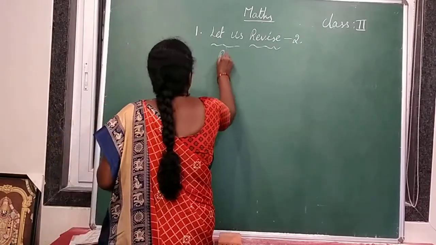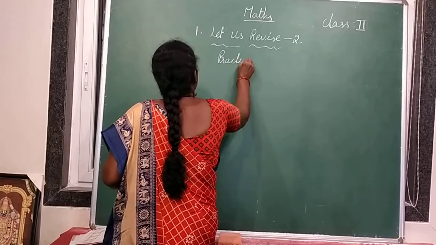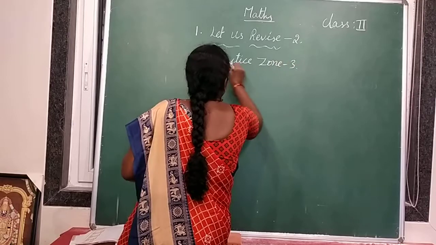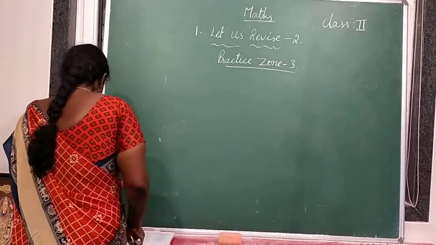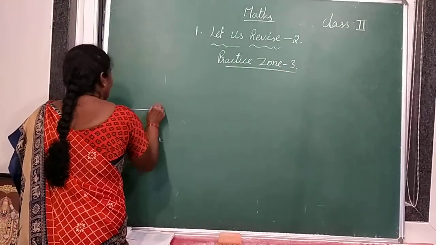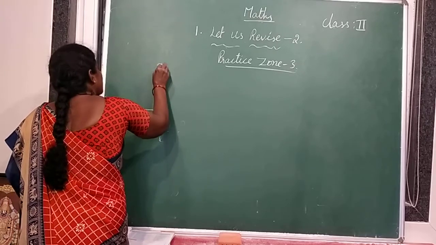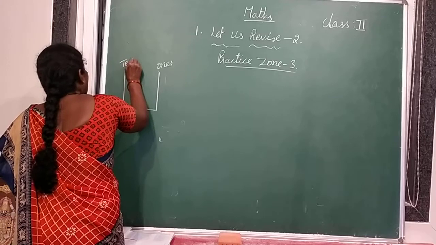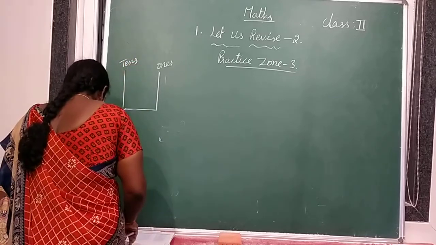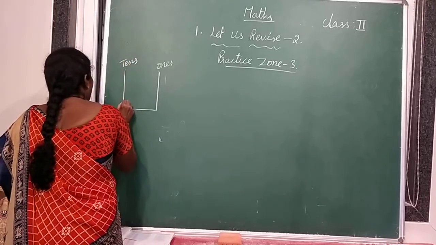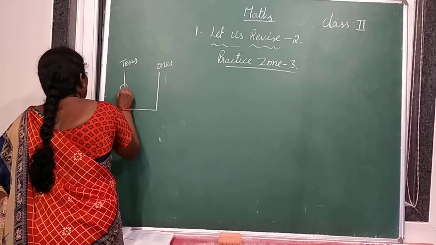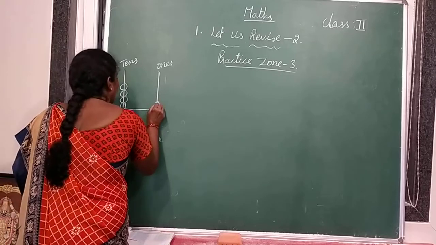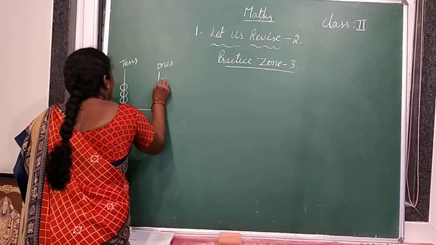1, 2, 3, 4 tens are there. 1, 2, 3, 4 and 1, 2, 3, 4, 5.